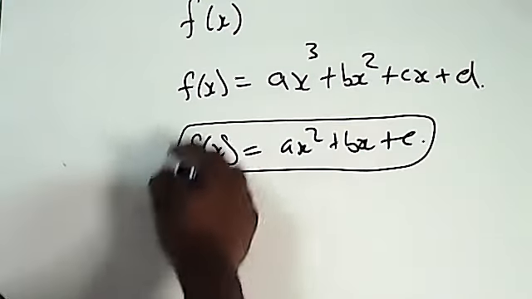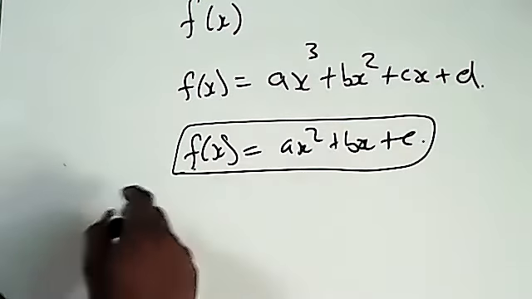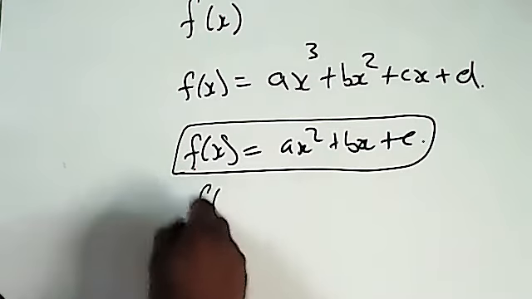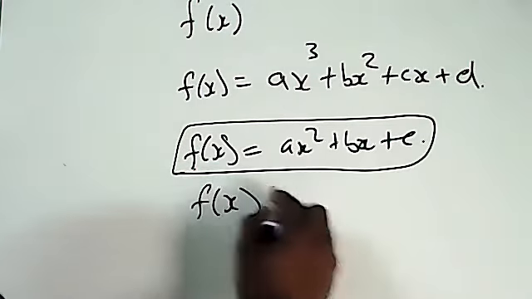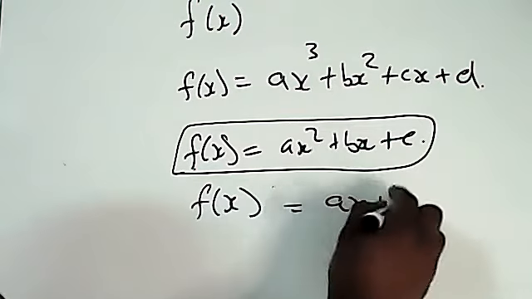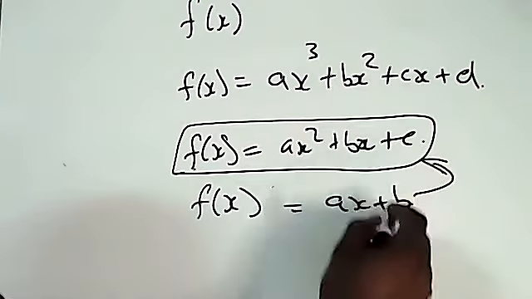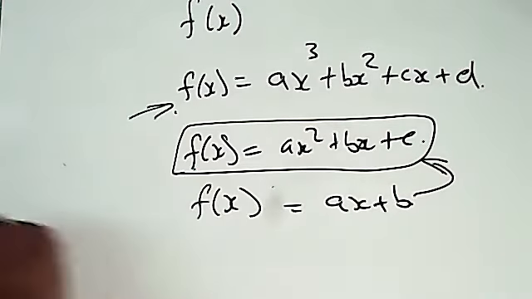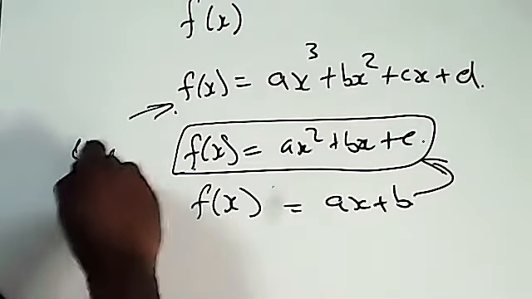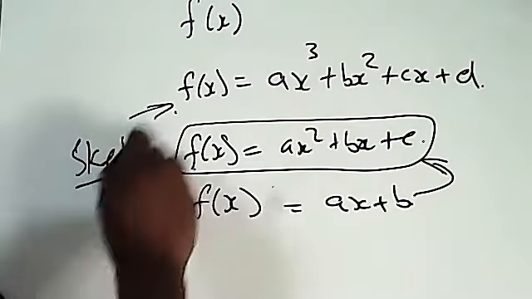This one we know it and it's easy, but we will be combining that one and the linear one. So we'll be combining these two. These two make up the quadratic. So it means every time, before you sketch, you have to factorize this cubic.